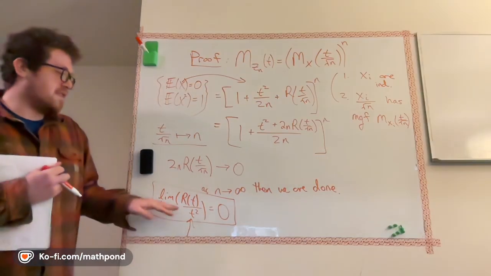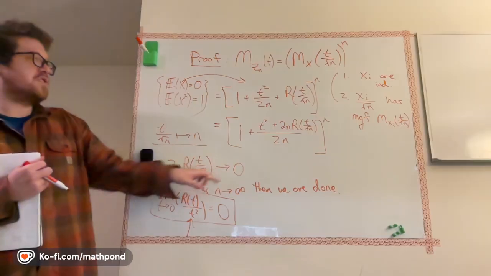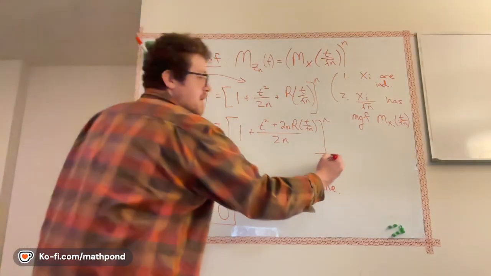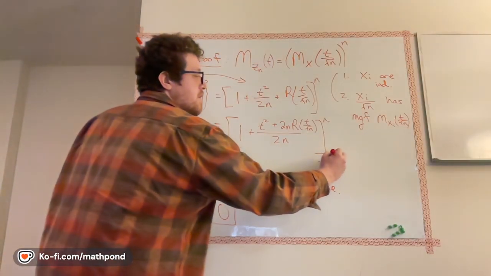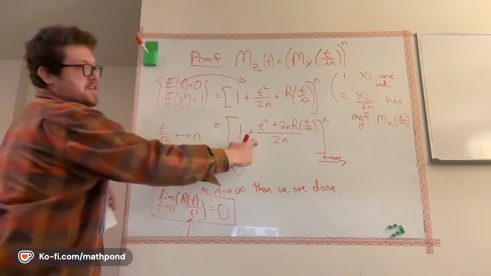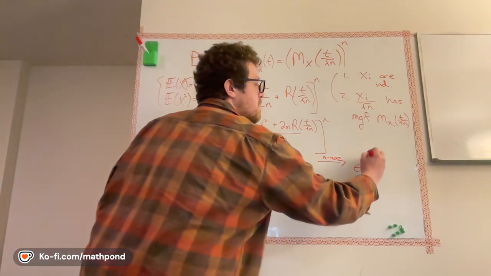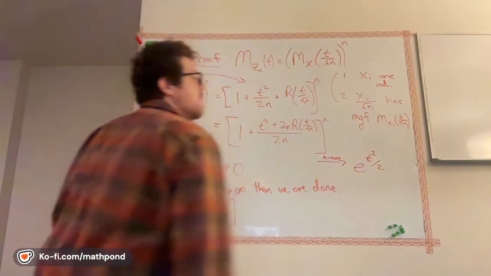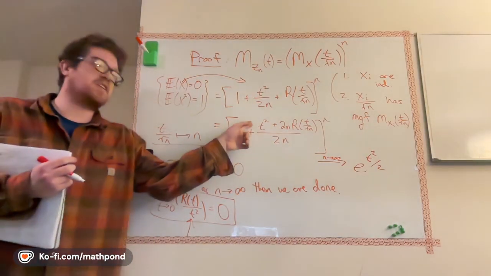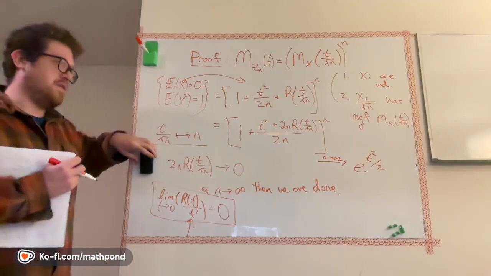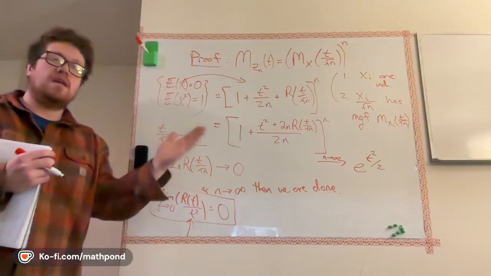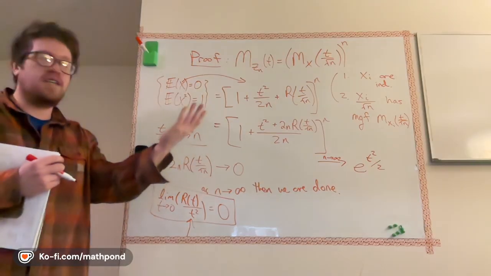Okay, so if this does actually go to 0, then we can show that in the limit as n goes to infinity, this whole thing is converging to e to the t squared over 2. Pointwise, at least. If we fix a t, there's not uniform convergence here, but we actually don't need it for the theorem. So we just need to fix a t. Just pick any t you want.